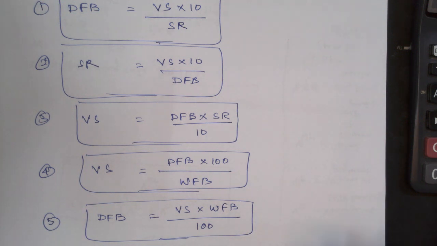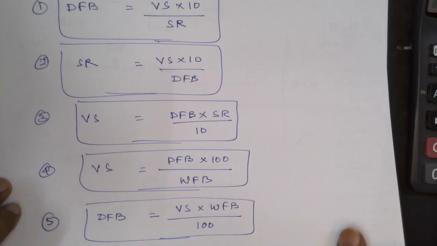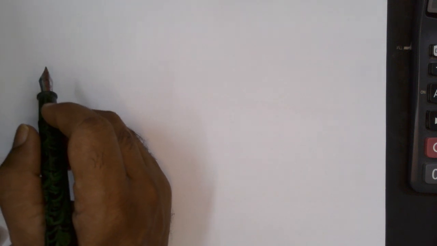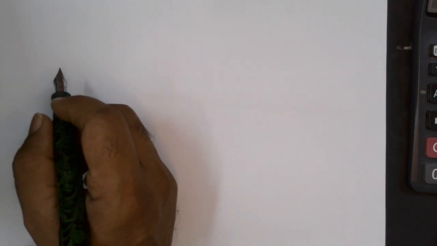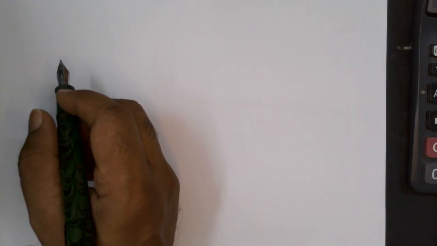Wet film build gauge gives some rough idea, rough estimation, but usually it should be as accurate as possible. They depend on the substrate. Suppose if it is even, you can have accurate results. If it is not even, it won't be.